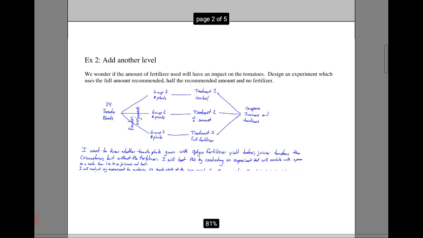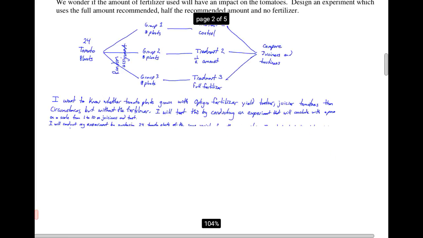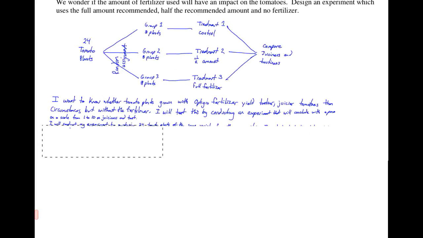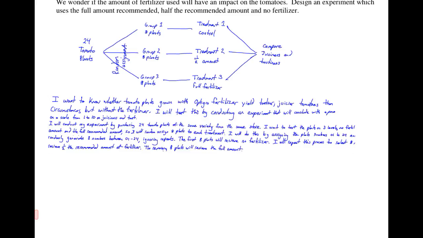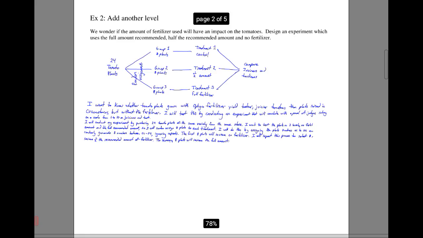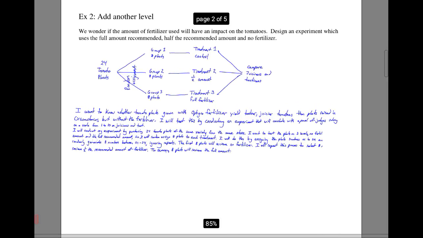Okay, so I'm writing up how I'm doing the experiment, but I'm also stating how I will randomly assign the variables. That is important. Okay, we need to make sure we include all of that information.